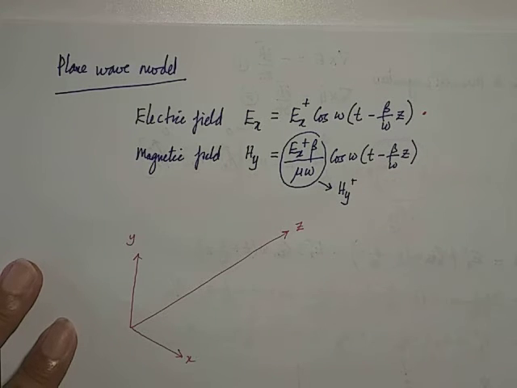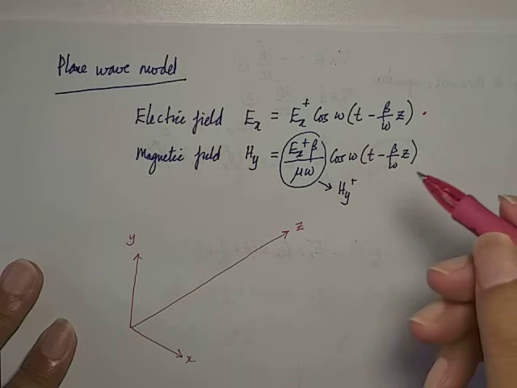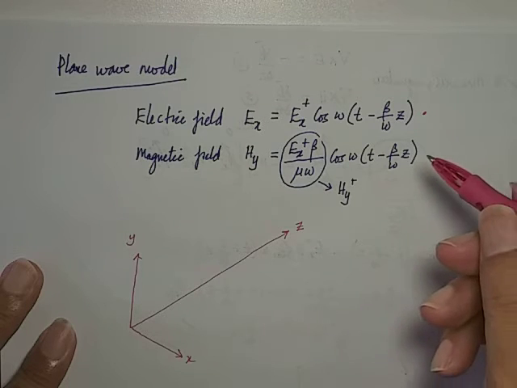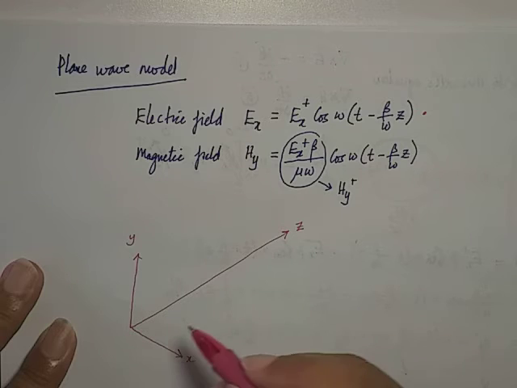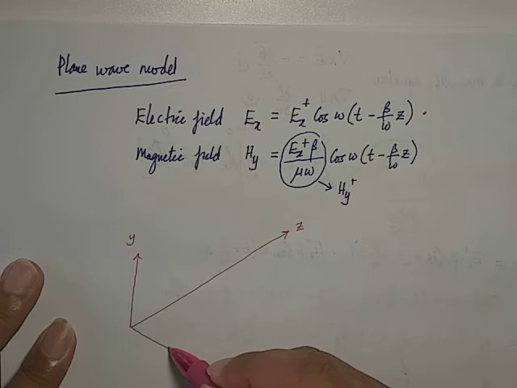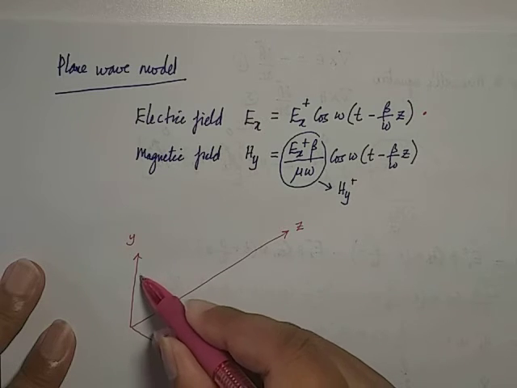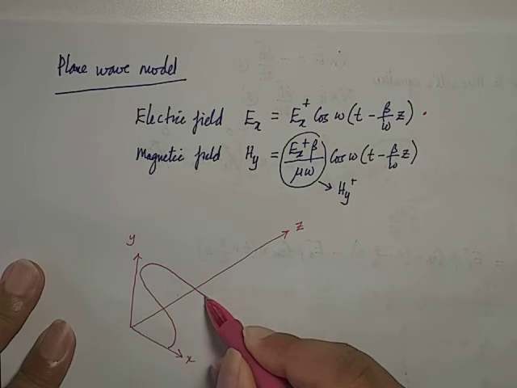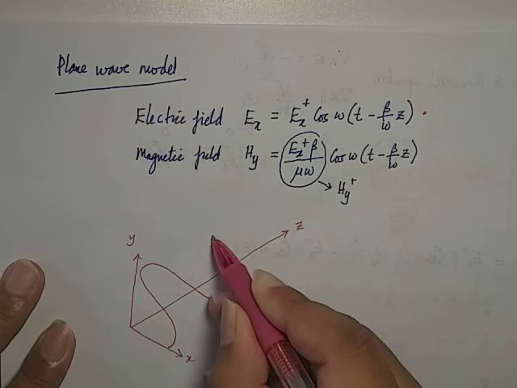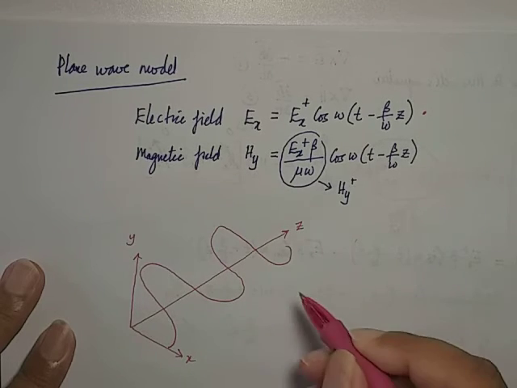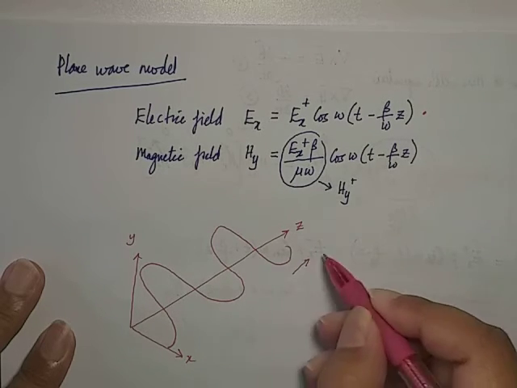So the E is in which component? The E is in the X component, so I'm going to draw it, let's say, as a horizontal field. Okay, so this is our E field.